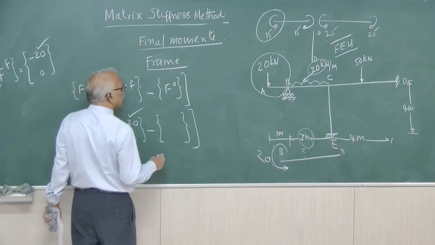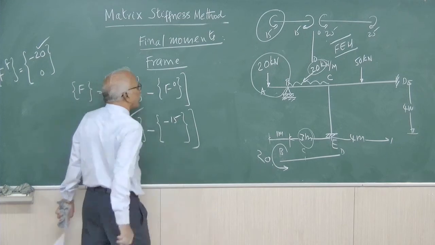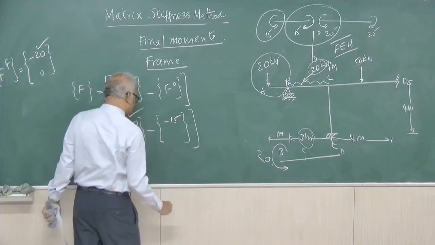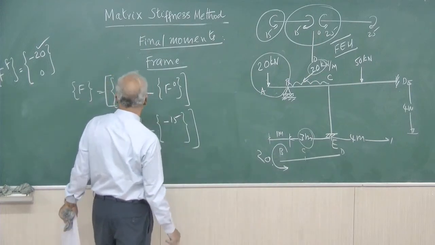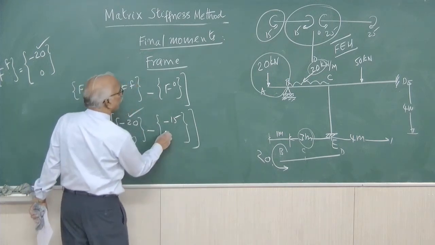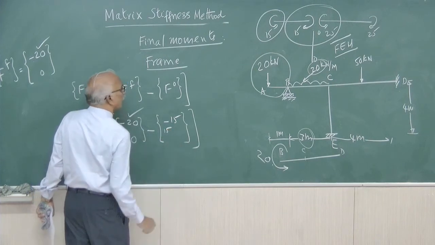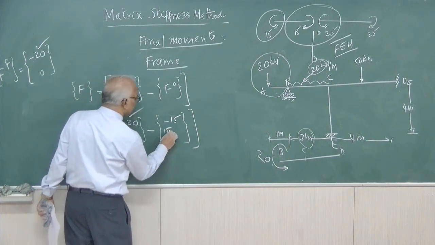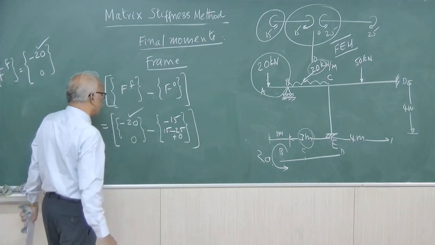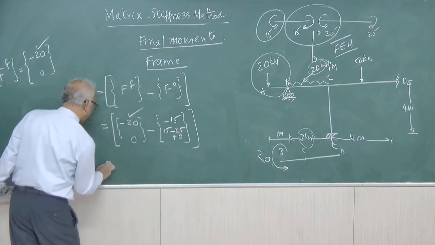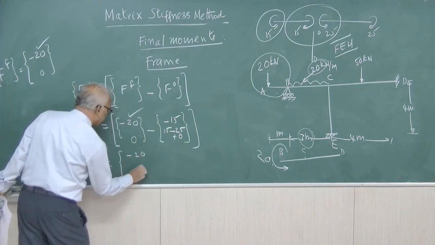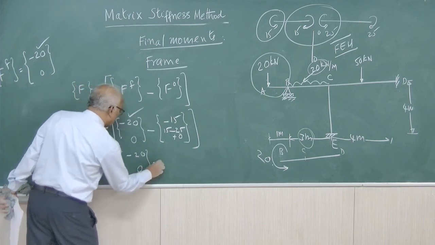So due to the external loading it is minus 15 and here at coordinate 2 this value will be 15 plus minus 25 plus 0. So this value will be minus 20, 0. This is one value.